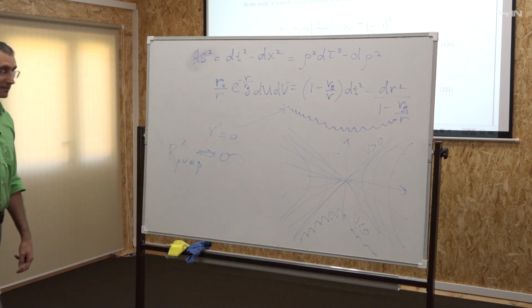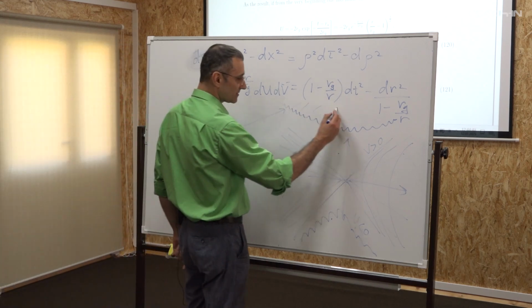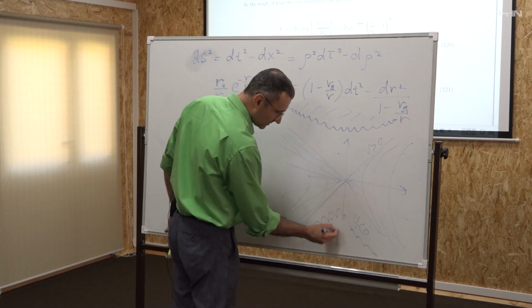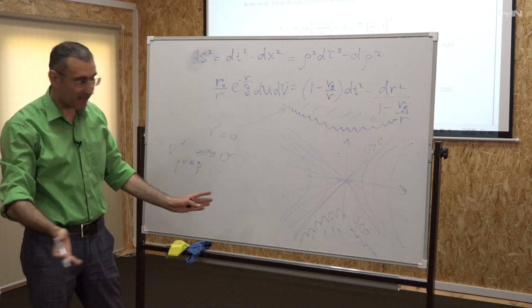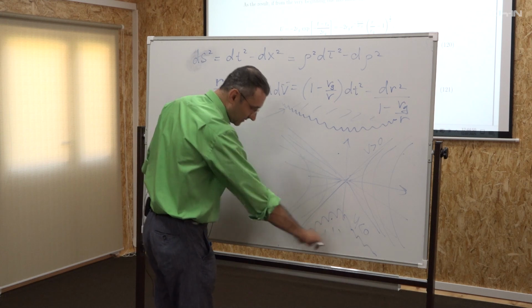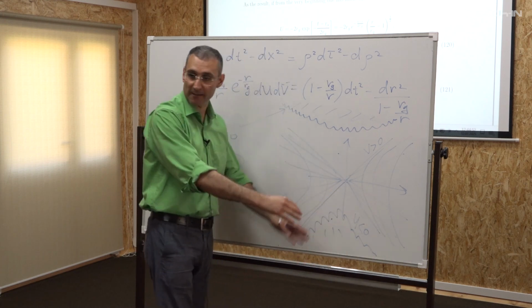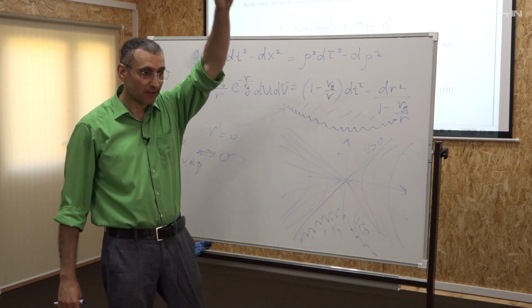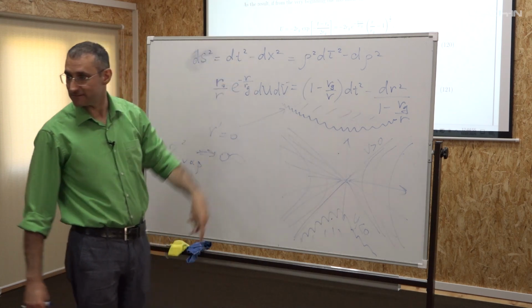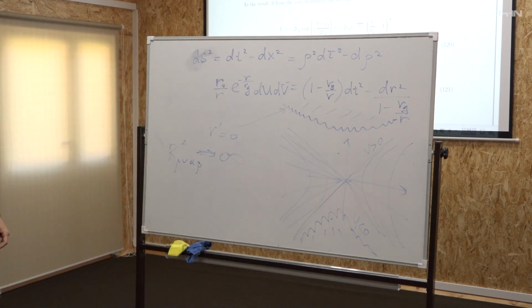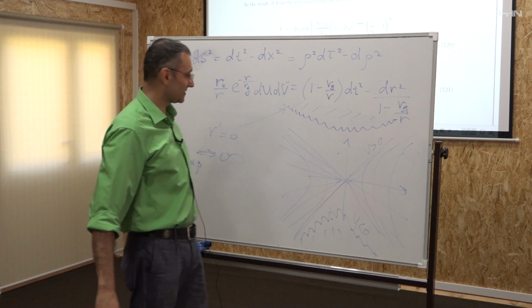You see what I mean? There is no space-time beyond this r. There is no space-time here and here. So from the whole plane, I cut out some region bounded by a hyperbola from below and from above. So this is my space-time.